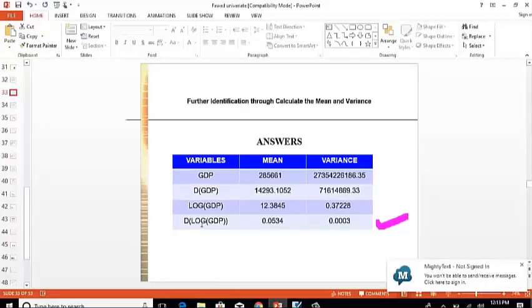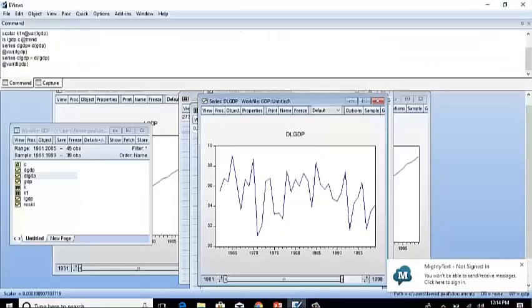So D log of GDP has the smallest mean among all, and the same is true for the variance. D log of GDP variance is very small, 0.003, meaning that the variance is constant and the mean is 0. So D log of GDP is stationary, meaning that the log of GDP is stationary in the first difference.